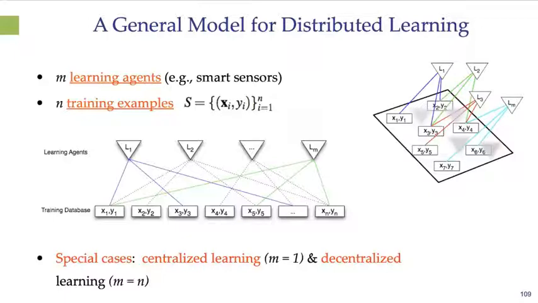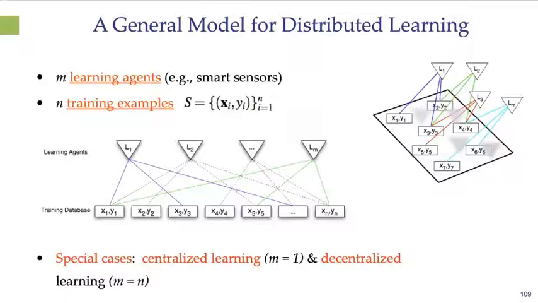There are some specialized cases of this. Centralized learning is one special case: you have one learning agent and it's connected to all the data. Federated learning is another example, where you have a small number of learning agents connected to a large training database.